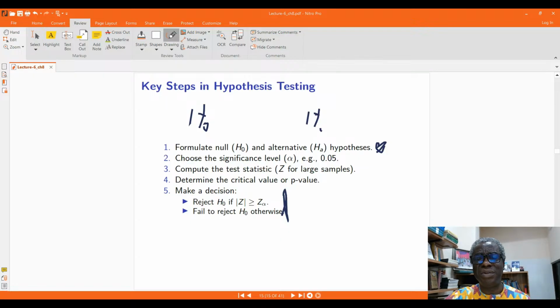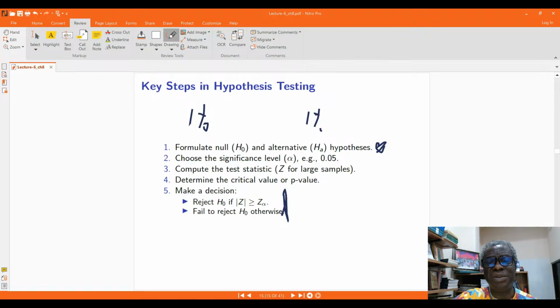If you go by the p-value, again, you reject if the p-value is smaller than the alpha value.